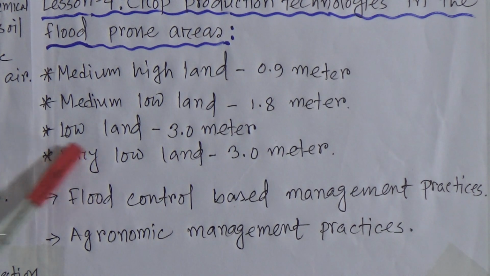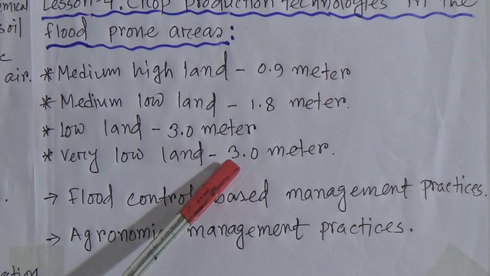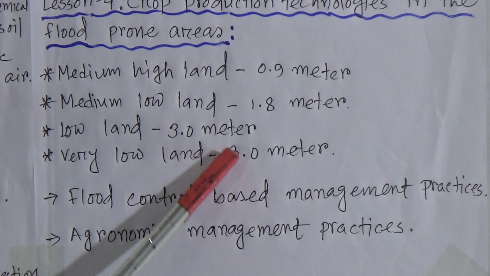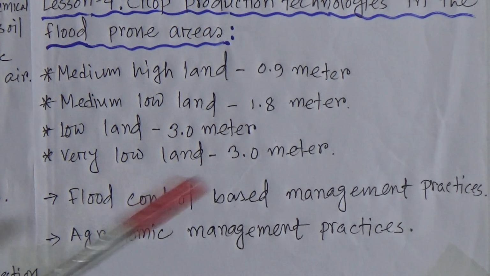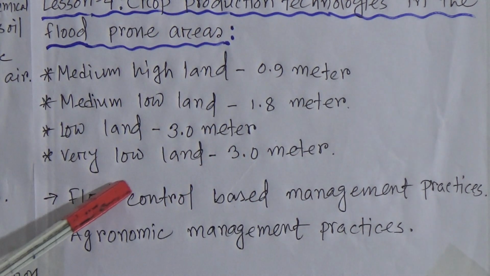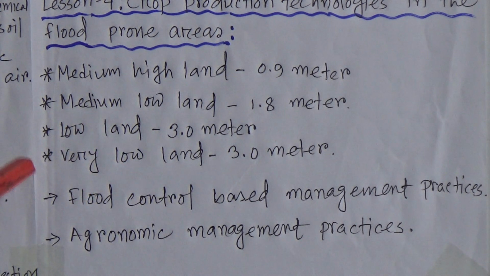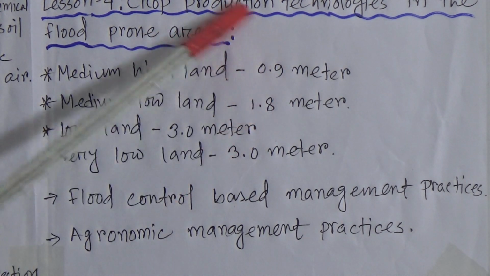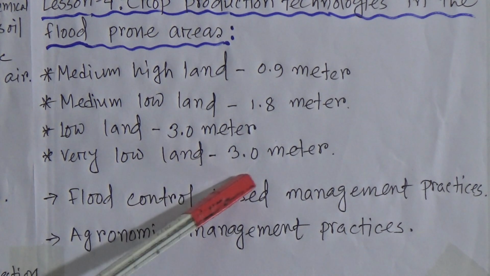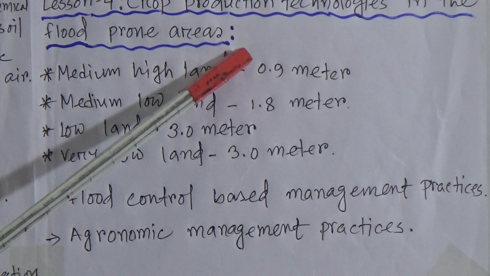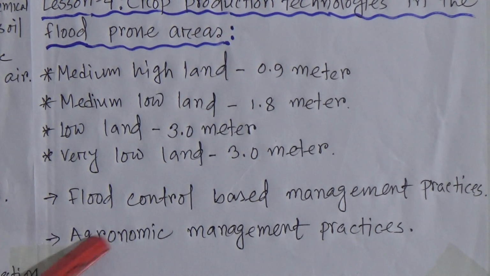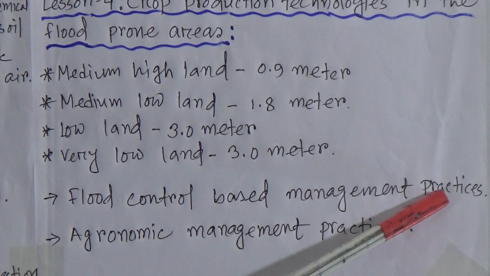And for the very low land, the water level reaches above 3.0 meter. So farmers should choose those crops which will not be affected if the water level reaches up to this level. And flood control based management practices.